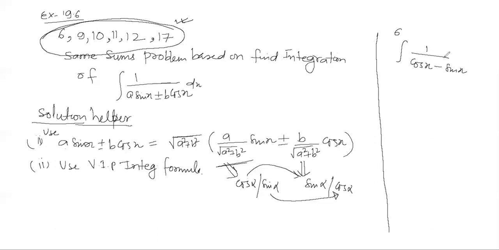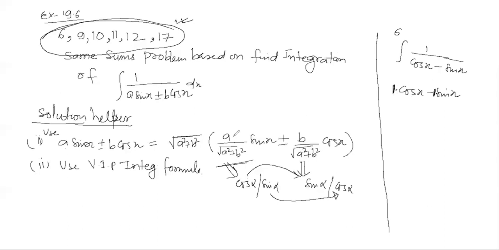Very good. What we will do, just see, the coefficient of cos x is 1, right? And the coefficient of sin x is also 1, because 1 is hidden, we do not show 1, right?